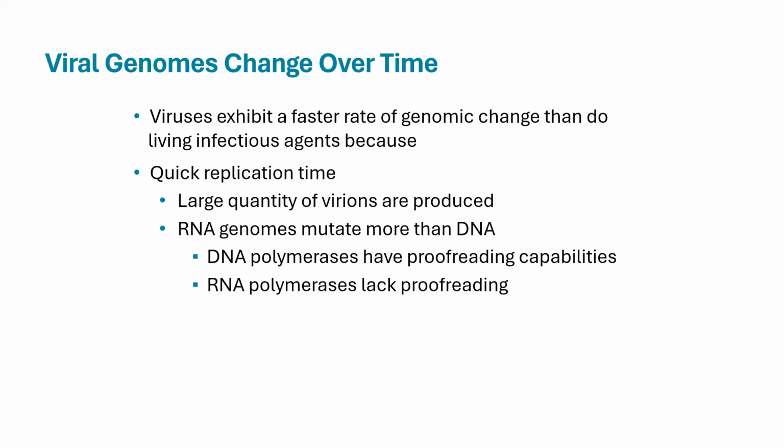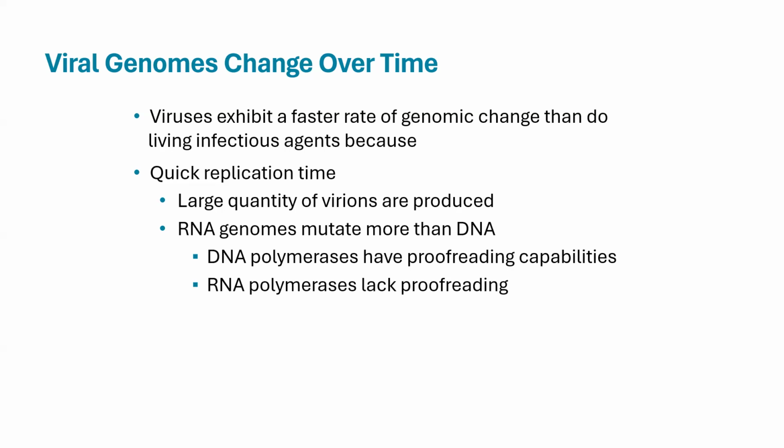We're going to talk a little bit about how these genomes can change over time. They usually have a faster rate of genomic change than living organisms. Part of this is because they replicate rapidly and they produce a lot of virions, right? There's probably something like 10 to the power of 31 virus particles on Earth, so there's a lot.